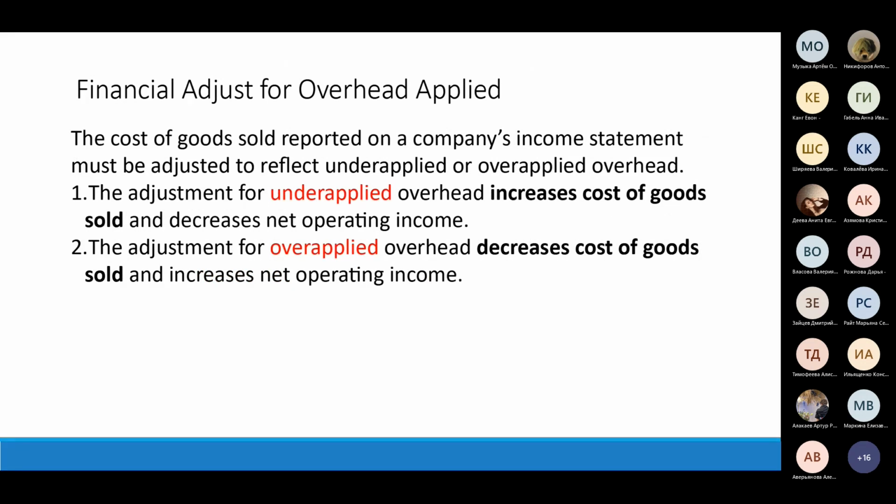In order to keep our reports actual, we need to make some adjustments. So we need to adjust the under-applied overhead to increase the cost of goods sold. Therefore, our net operating income will decrease automatically. If we see that our overhead is over-applied, we have to decrease the cost of goods sold, and therefore our net operating income will increase.